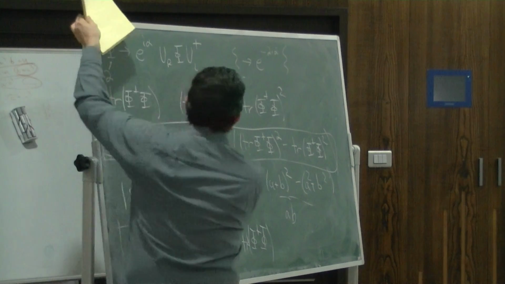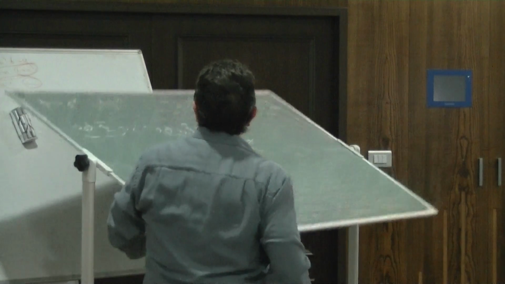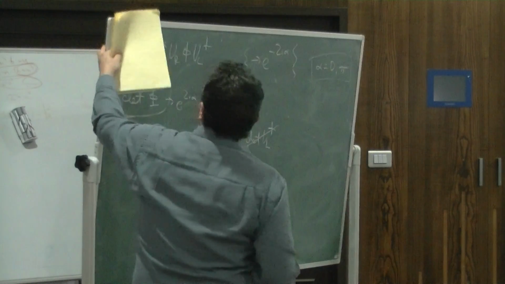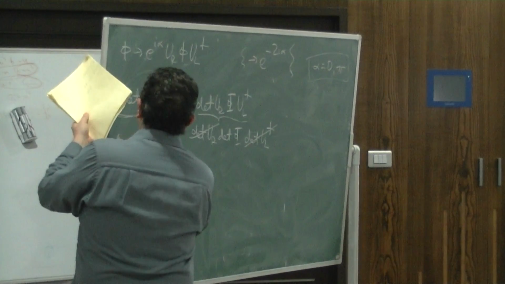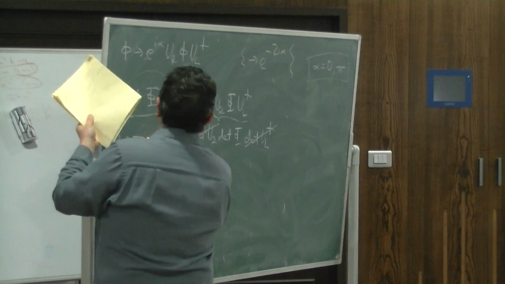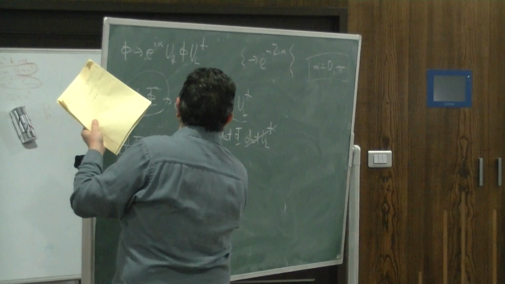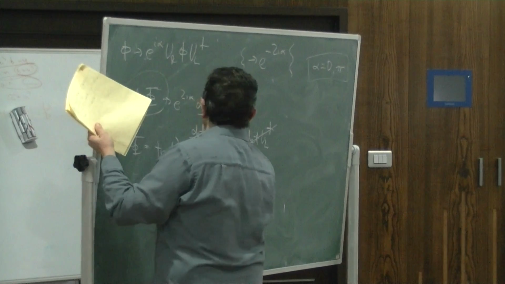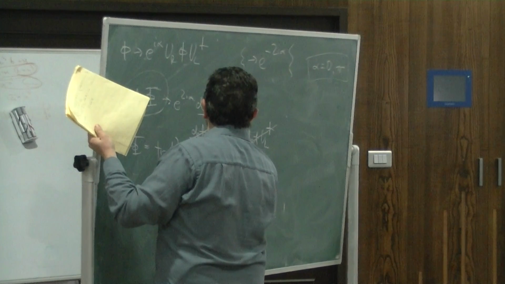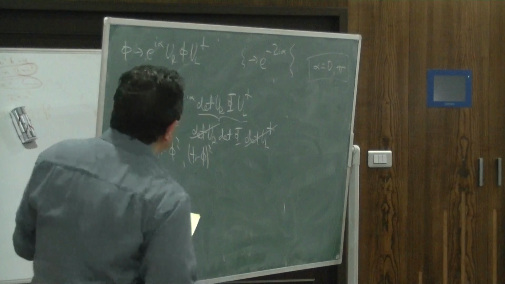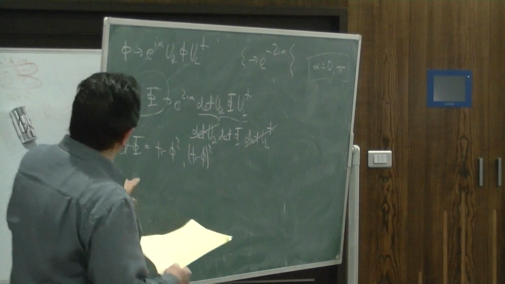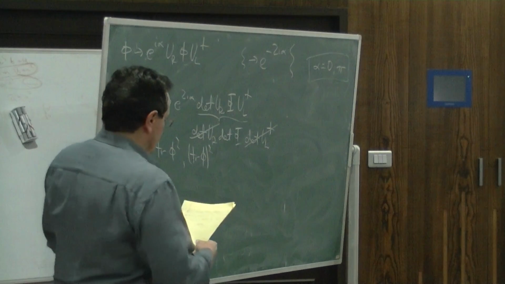That's no longer true if phi isn't Hermitian. If phi isn't Hermitian, determinant of phi is not equal to something like trace of phi squared plus some constant trace of phi squared. And it's very easy to see that because now phi is an arbitrary complex matrix.